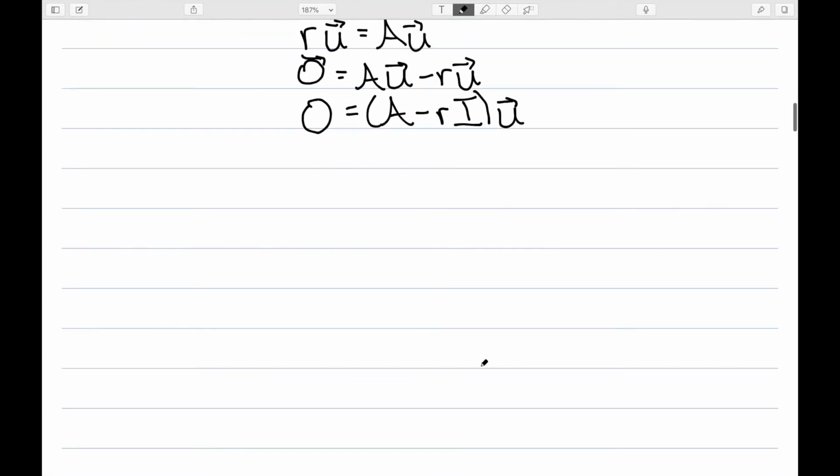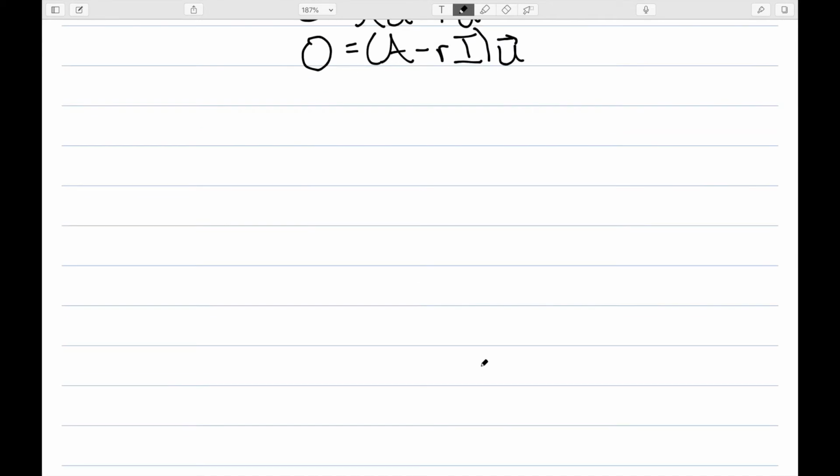Now that I'm at this point, I know that this thing right here needs to be equal to 0. So there's two cases for this, two ways that this could be equal to 0. The first case, u is equal to 0. This is known as the trivial solution.